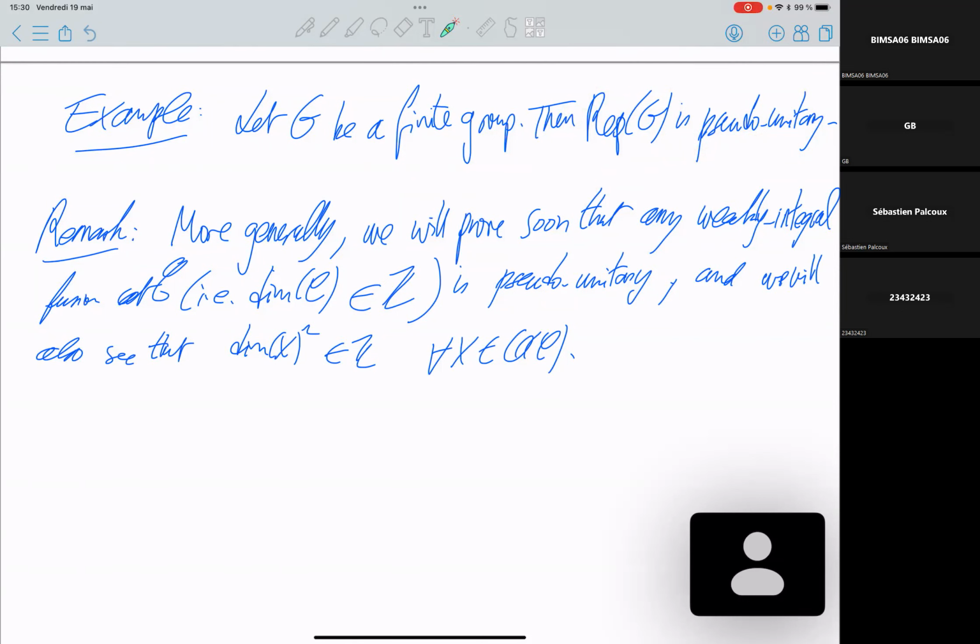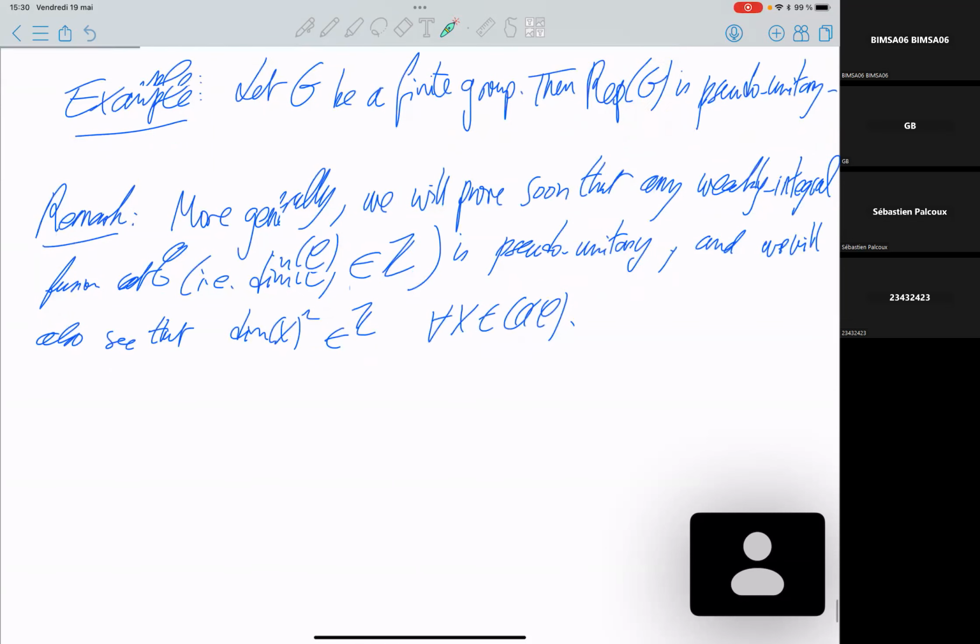The same holds, of course, for any finite dimensional semisimple algebra over the complex field. It is integral, so as for this one, it is pseudo-unitary. So you have plenty of examples of pseudo-unitary fusion categories.